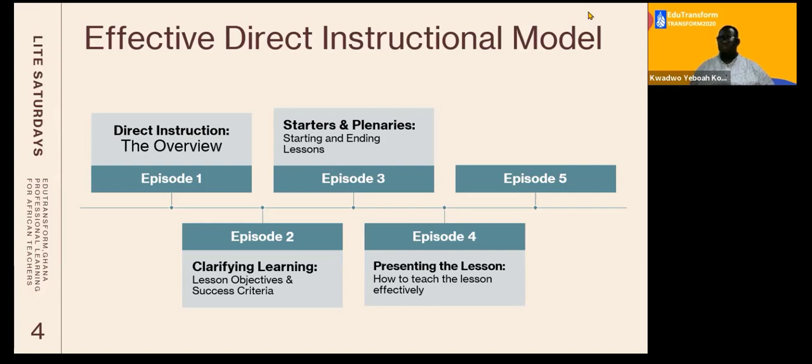We realized that it is one of the key moments where we get a chance to introduce what we intend for the learners to do, and then end it in such a way that the learners can tie things in. In episode 4, the last one that we did, we looked at presenting the lesson, how to teach the lesson effectively.